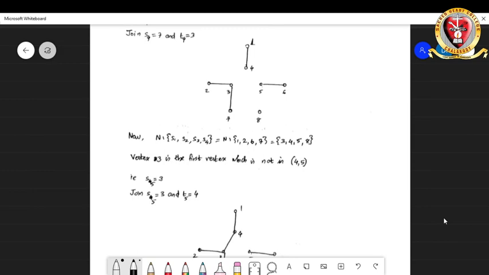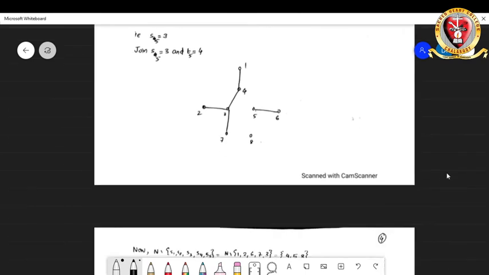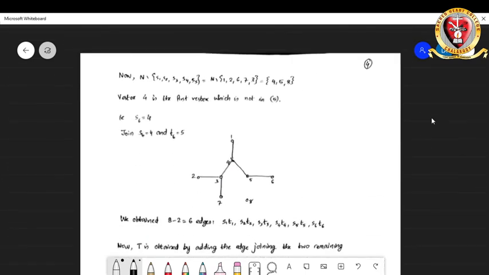And in the next step you have S5 is equal to 3, T5 is equal to 4, you join 3 and 4. And in the next step you get S6 is equal to 4, T6 is equal to 5, that means you are joining 4 and 5.